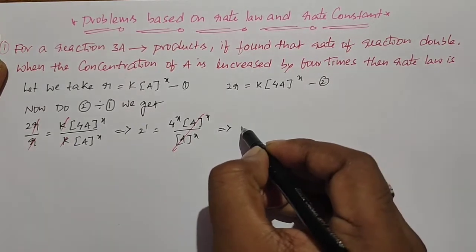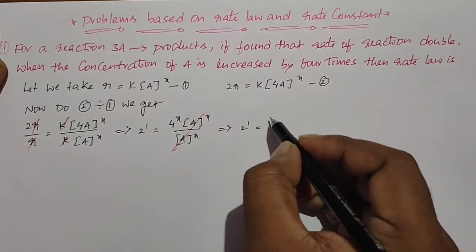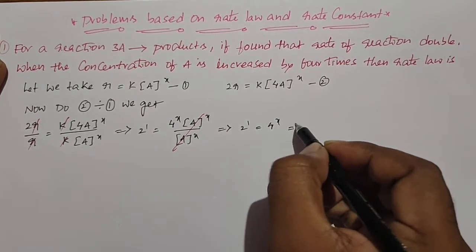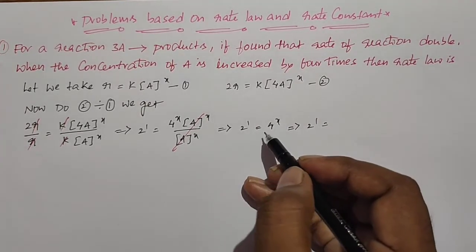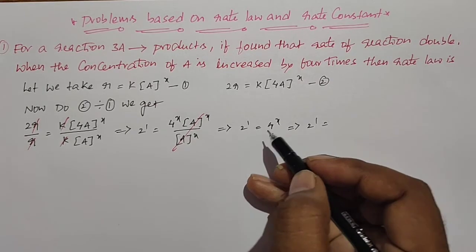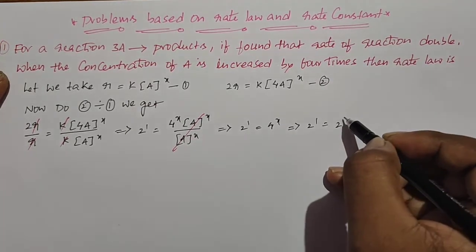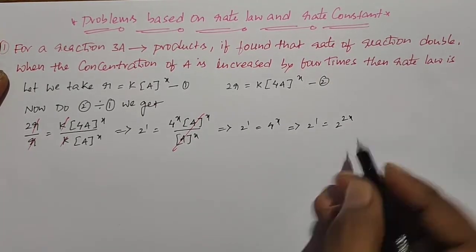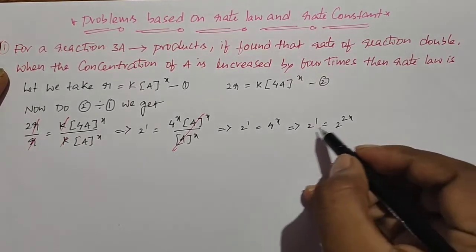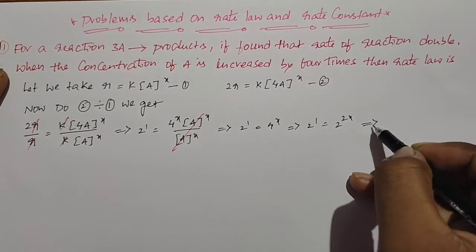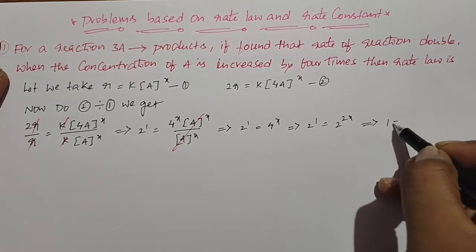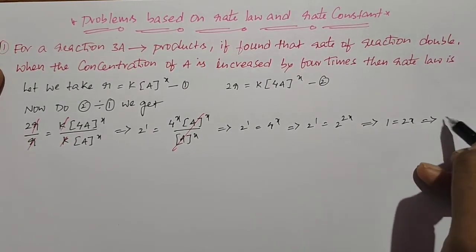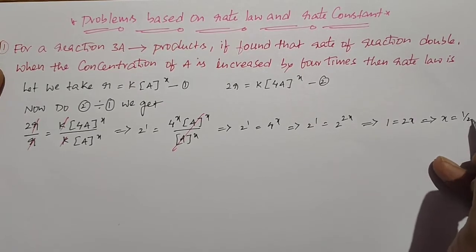Finally we get 2 power 1 is equal to 4 power X. 4 you can write as 2 square, so 2 power 2 whole power X, and it is written as 2 power 2x, like the formula (A power M) whole power N. Based on this, if bases are equal and powers are also equal, then we get 1 is equal to 2x. Finally we get x is equal to 1 by 2.